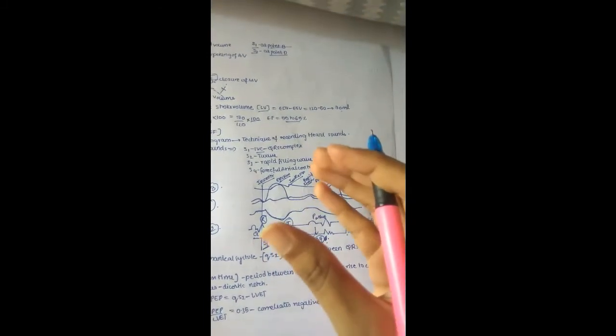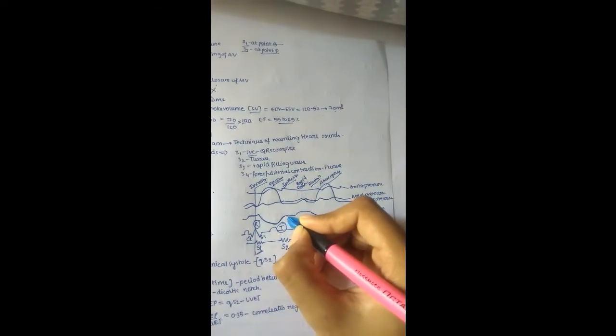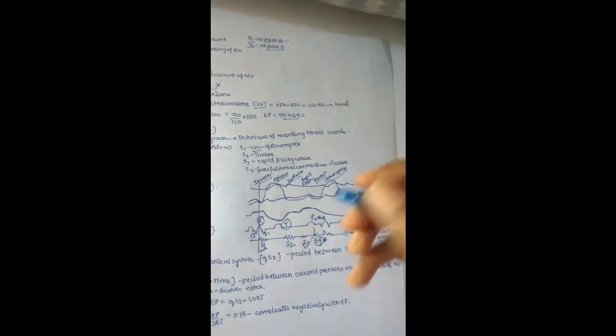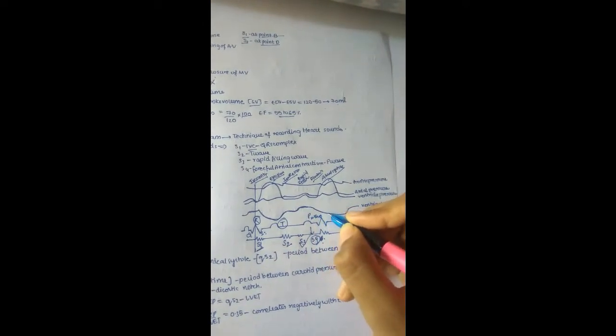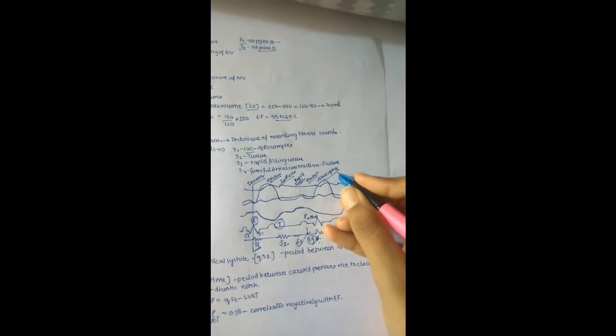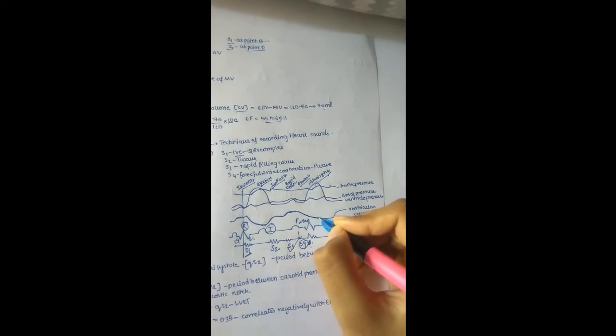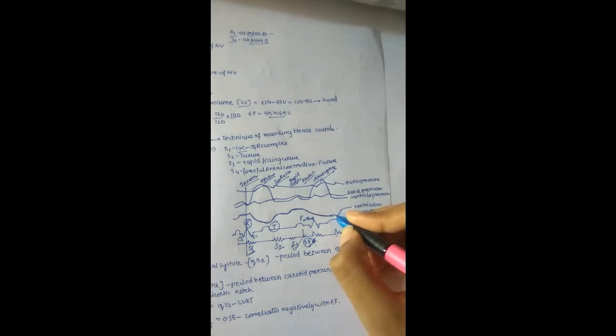But during relaxation it recovers and comes back, because due to rapid filling the volume increases. And during atrial systole the volume increases further, as it should be ready to pump, and then it contracts and again comes to normal. So this is about our ventricular volume.